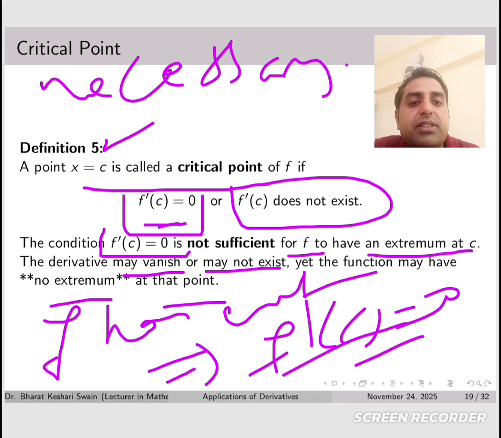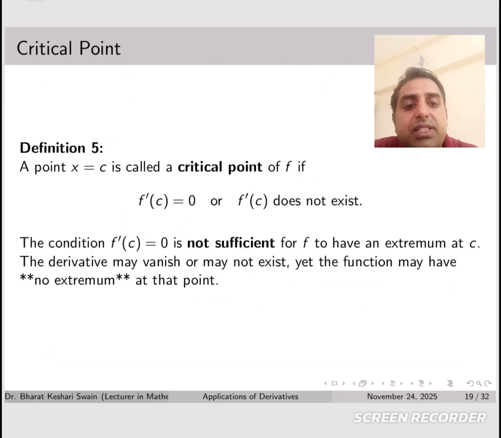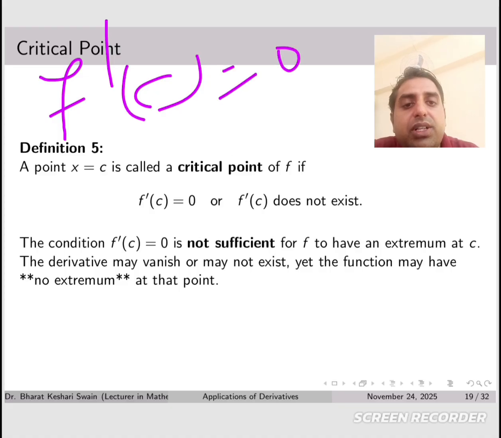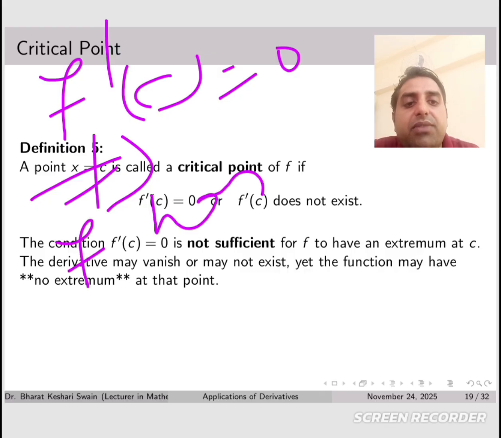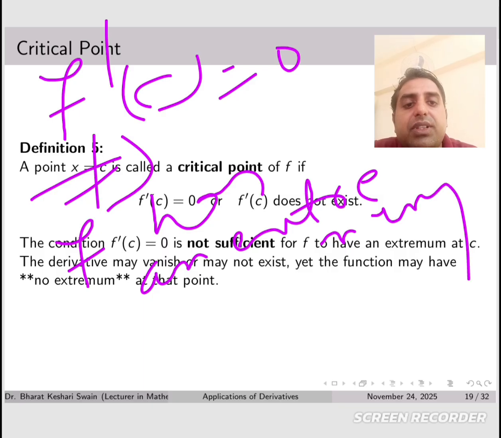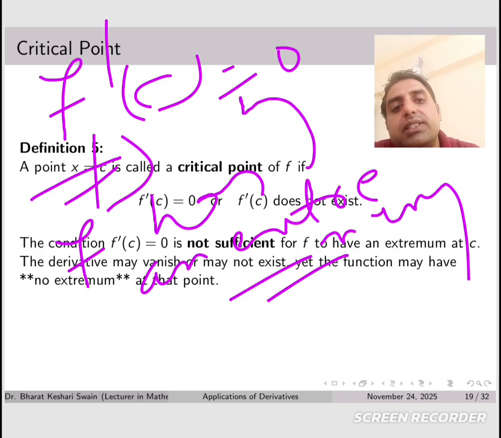But conversely, if f dash c equal to 0, this does not imply that f has an extremum. But if f has extremum, then we can say f dash c equal to 0 for some c.